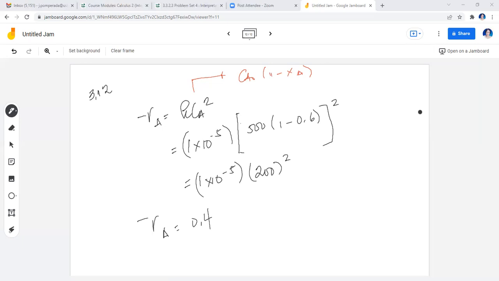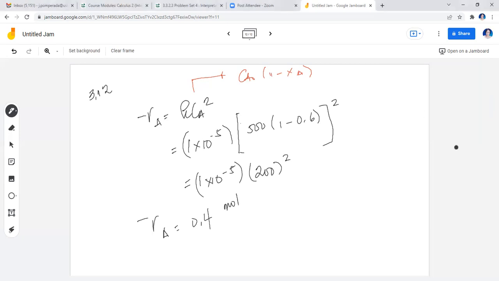It's 1:30 already. Bia, what's the set of units for this? Aina, what's the set of units for the rate of 0.4? Mole per minute m cube, miss. Very good.